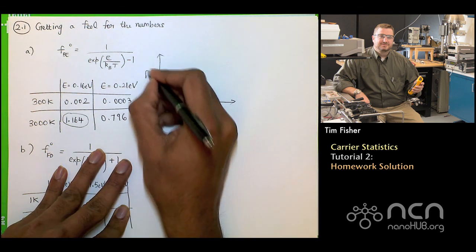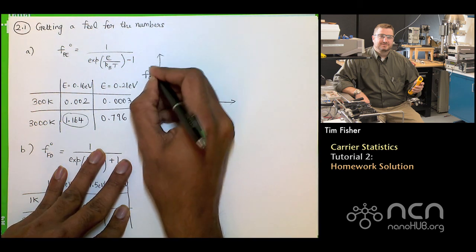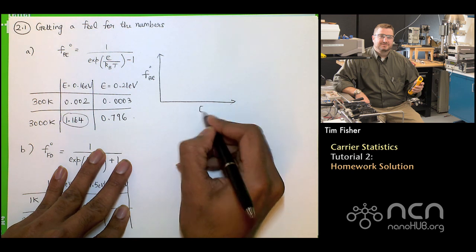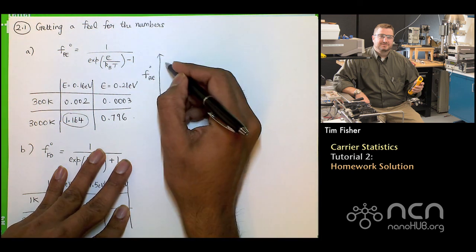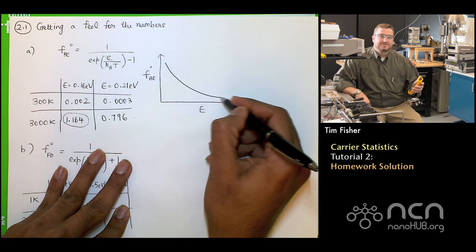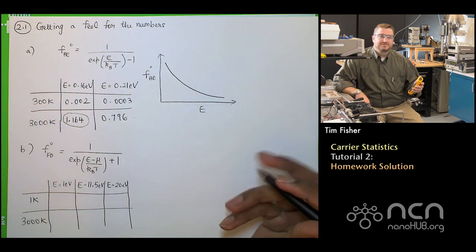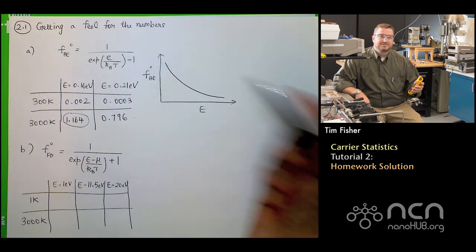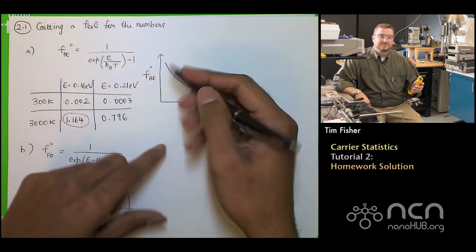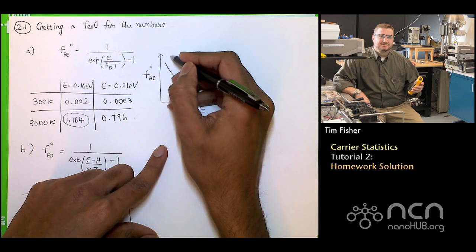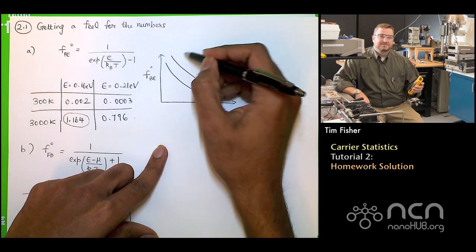So if we plot F_B as a function of energy, it basically looks like this. It's just a decaying curve, similar to a decaying exponential, although there's a -1 factor in the denominator, and this curve basically shifts upward as temperature increases.